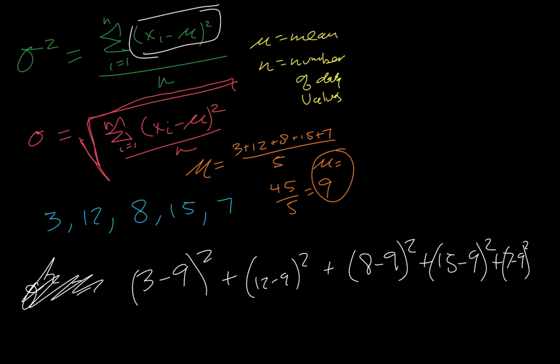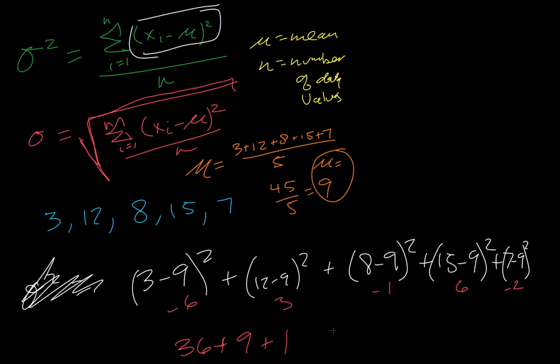Okay. Now, we just want to simplify all of that. So we're going to say 3 minus 9, which we get negative 6. 12 minus 9, we get 3, negative 1, positive 6, and then negative 2. We square each of those. Negative 6 would be 36. 3 times 3 would be 9.